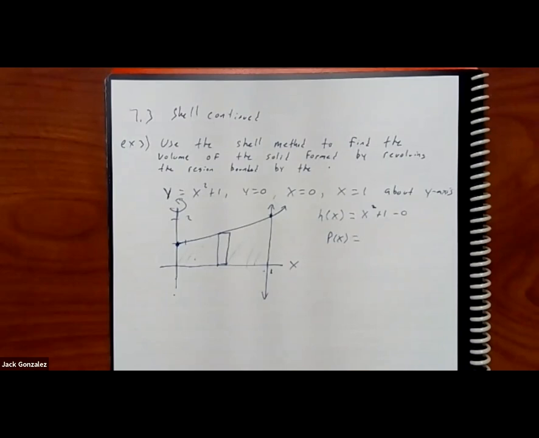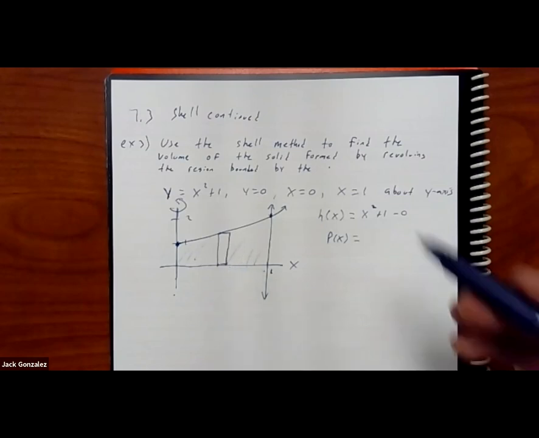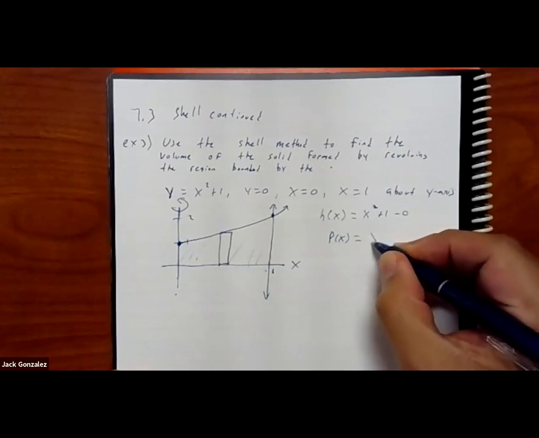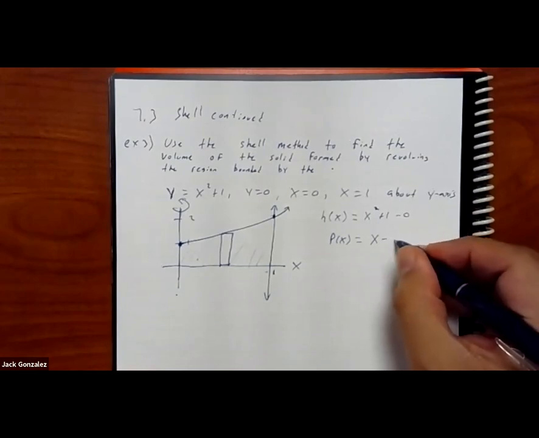So let's look at our notes at the very beginning. It's 7.3. We said if the region is to the right, and it is, right? So we're going to do x minus a, where a is the rotation axis. So x minus 0.